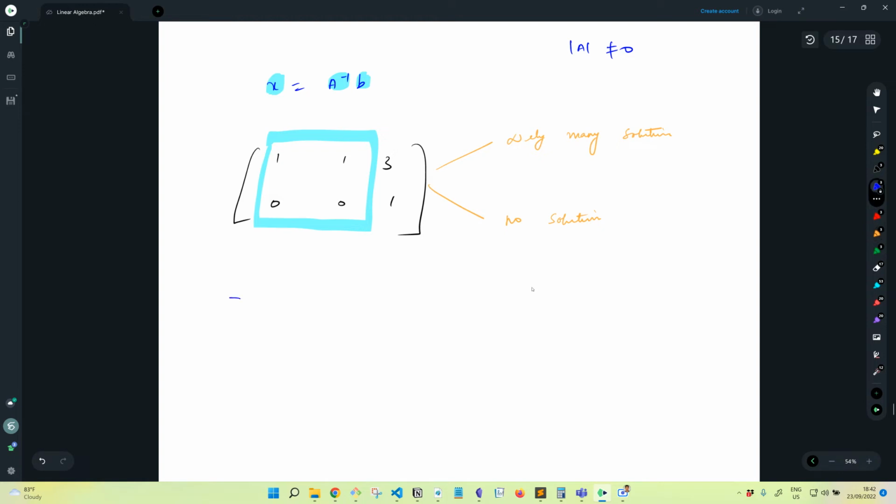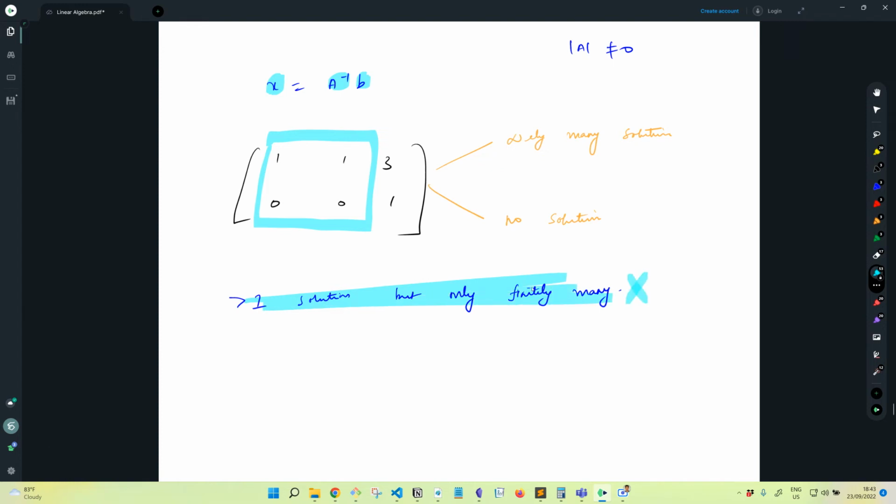So from these three conditions, you know that there exists no linear system that has more than one solution but only finitely many. This case will never happen.